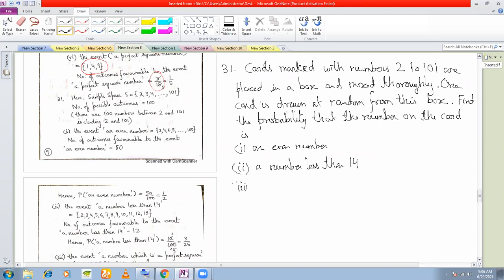Third question is: a number which is a perfect square. And the fourth question is: a prime number less than 30.